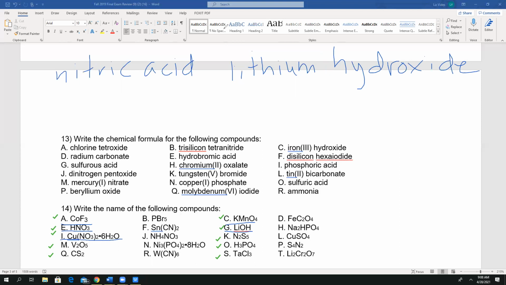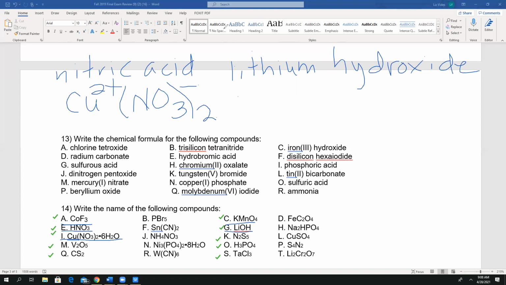Okay, so looking at it, we can kind of see that we have the copper ion and the nitrate ion, but we do not know which copper until we look at what's here. 2 times 1 is 2, so that must be the 2 plus, right?